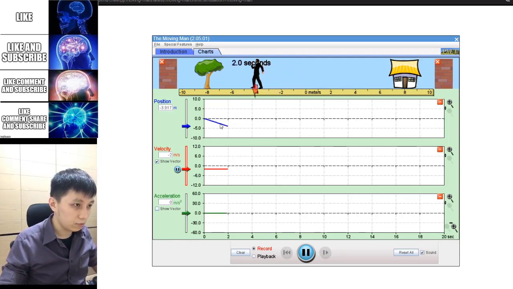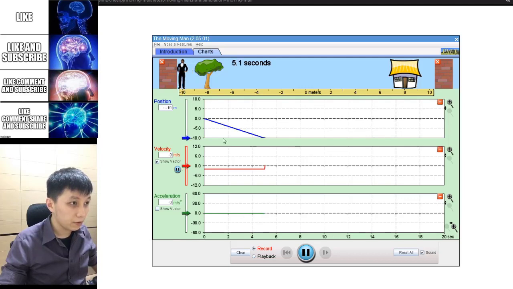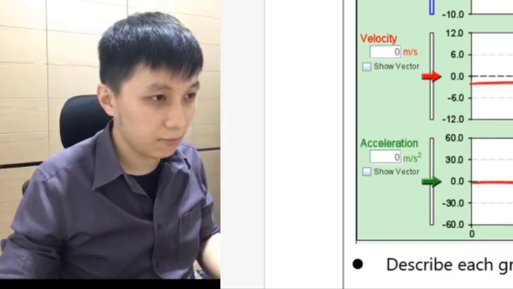Yeah, doing very well. Position has a constant negative rate, velocity is maintained at -2, acceleration maintained at 0, and boom, here is the peak we find, as a positive value. So I believe these are all the same.